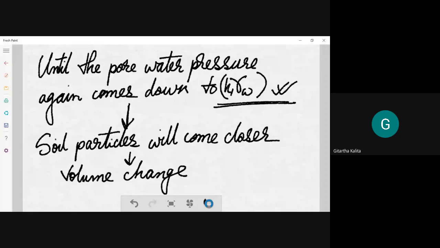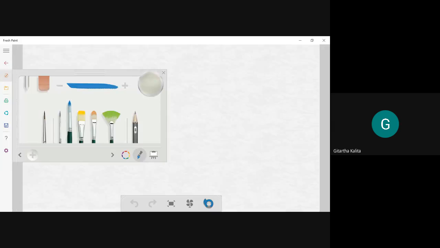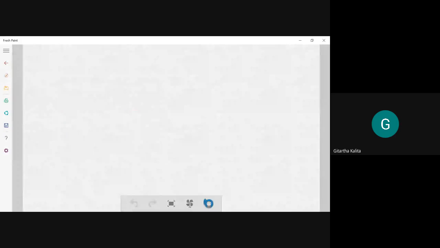Okay, so now there is a volume change. There was a difference of pressure. Water started to move out until it reaches its original H1 gamma water. So water is moving out, soil is coming closer, there is volume change. When the soil particles come closer, then the effective stress increases.